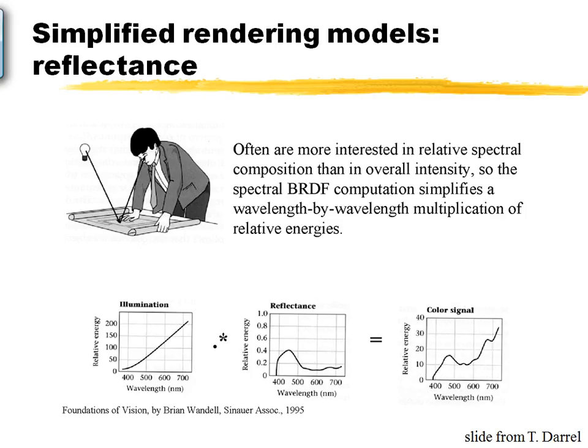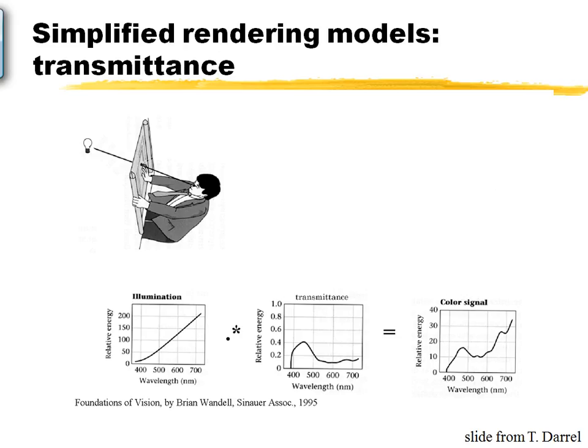Is what you would end up with, saying that at 500 nanometers, this is the amount of energy that I'm going to sense. Now, of course, the same thing applies in terms of transmittance.